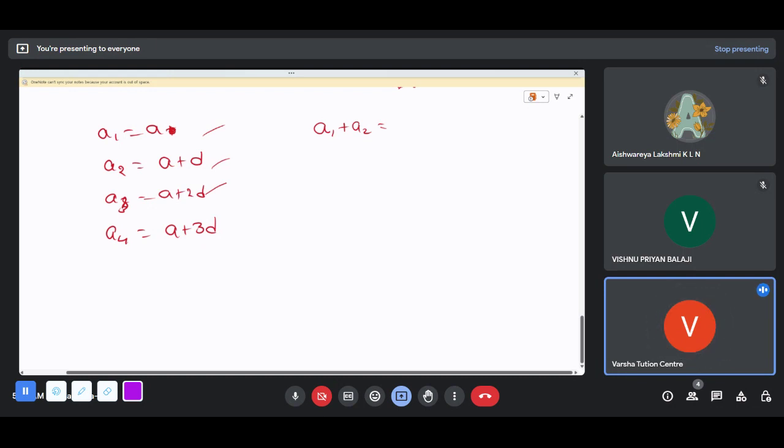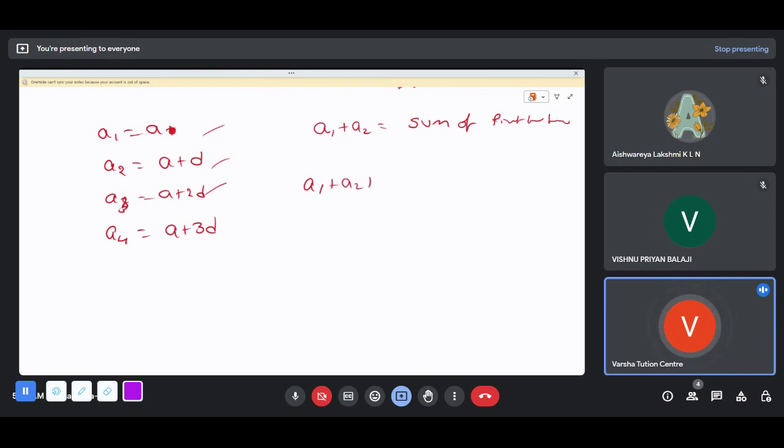Very good. So can I write it as the sum of first two terms? Yes or no? Sum of first two terms.